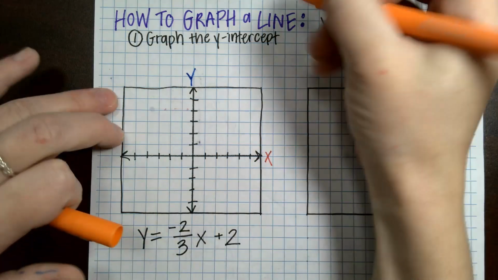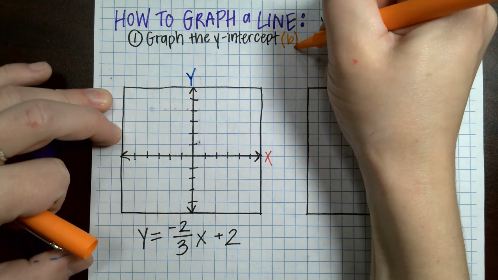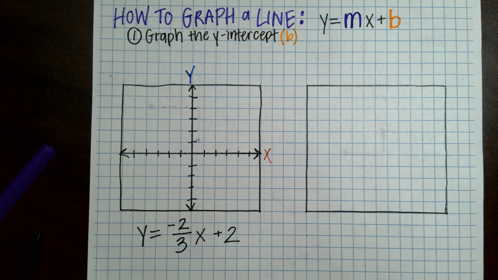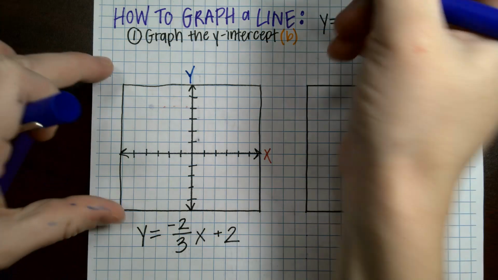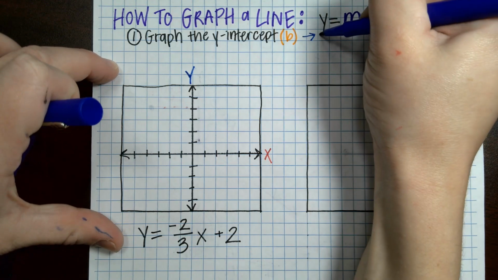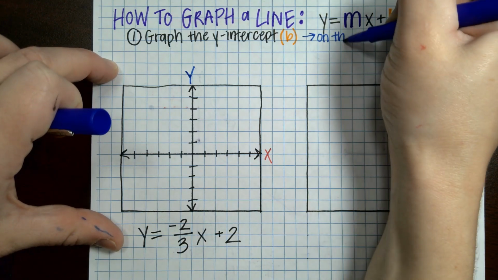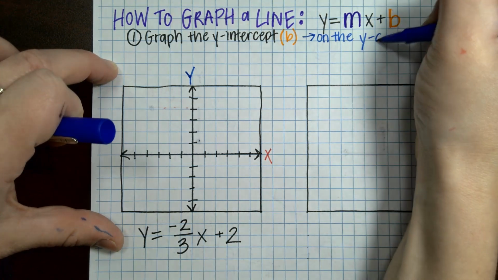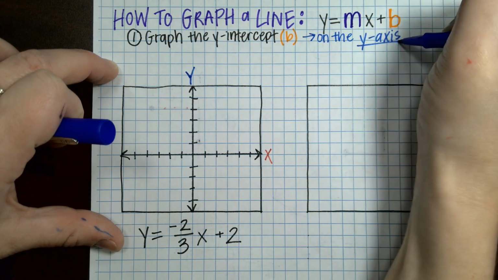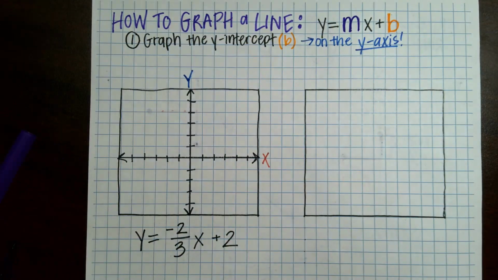And in parentheses, I'll put B. And maybe next to that, I'll put on the y-axis. So let's go ahead and do step 1. I'll give you guys a second to write that.